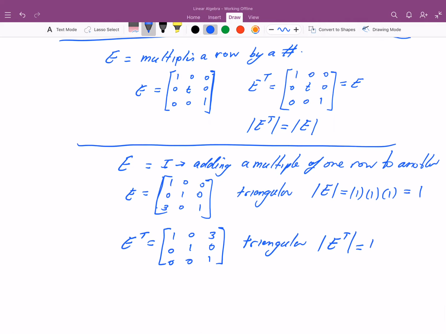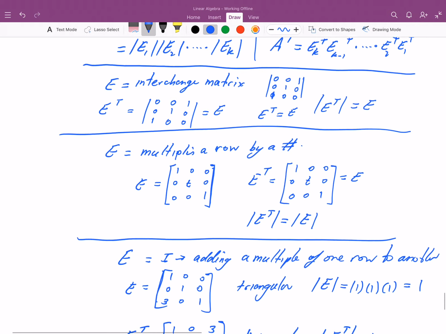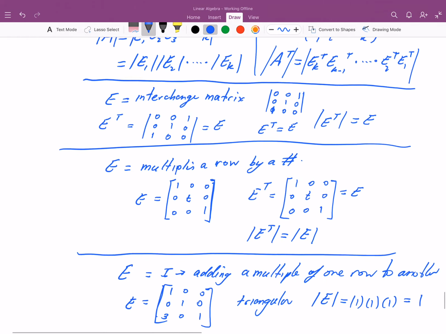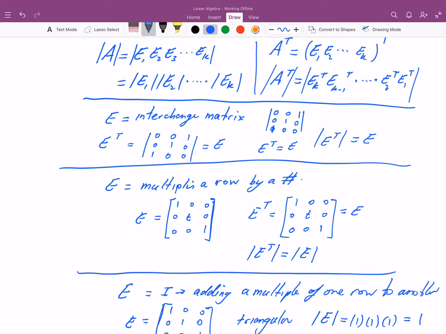So even in this case, the determinant of the transpose is equal to the determinant of E. So for any type of elementary matrix, the determinant of the transpose is equal to the determinant of the original matrix. So going back here, if I were to put determinant here and determinant here, and let me copy that down here.